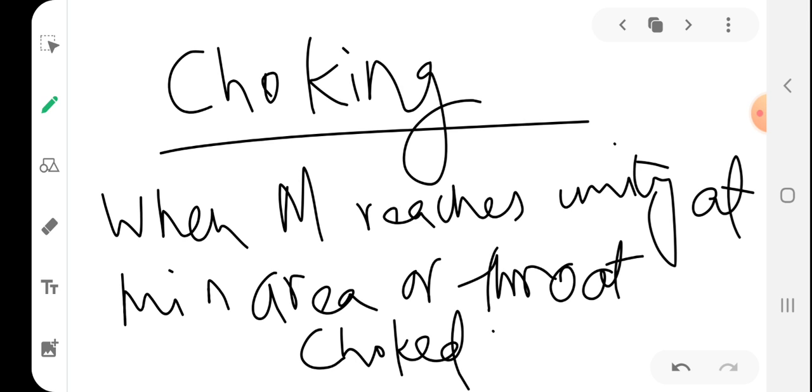Students, note down that if choking takes place, the device allows the maximum mass it can pass. That is, the mass flow rate is maximum. In a Venturi meter, the mass flow rate won't be maximum. So that is the difference.